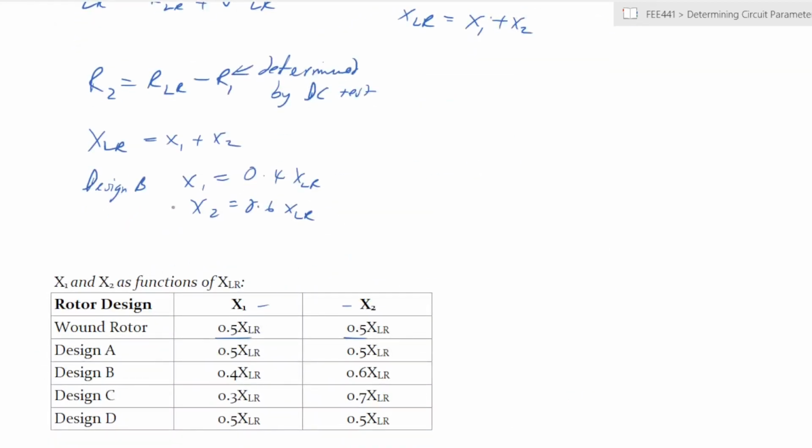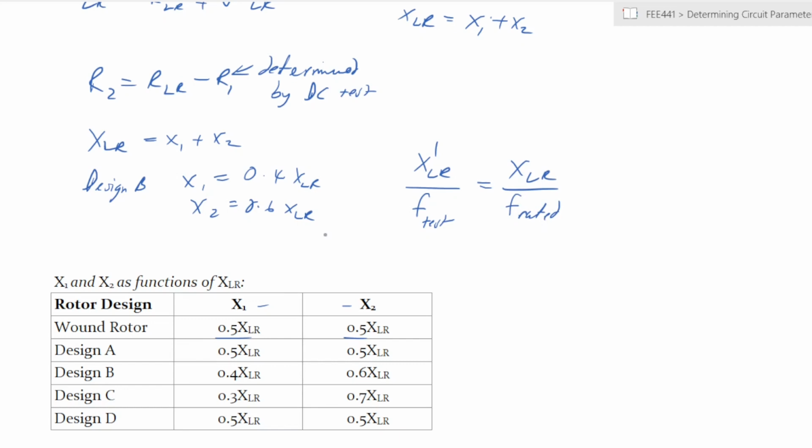So actually your XLR, which will be determined experimentally, will be given by XLR prime, at your test frequency. And XLR prime over the test frequency is equal to XLR normal, or rated, at the rated frequency.